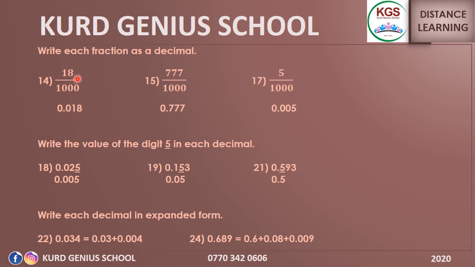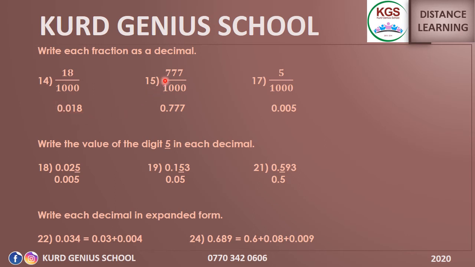But the numerator is only 2 digits, so how can we write 3 digits here? We should write a 0 to the right of the decimal point to make the fractional part have 3 digits. Now we have 0.018 or 18 thousandths.